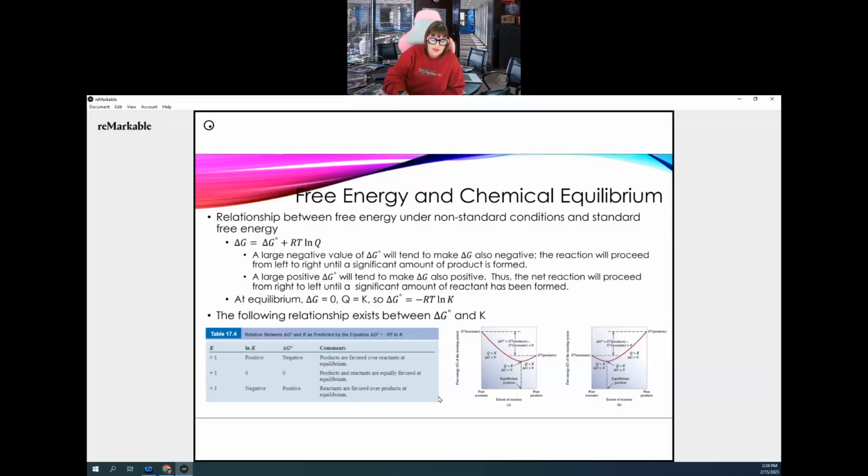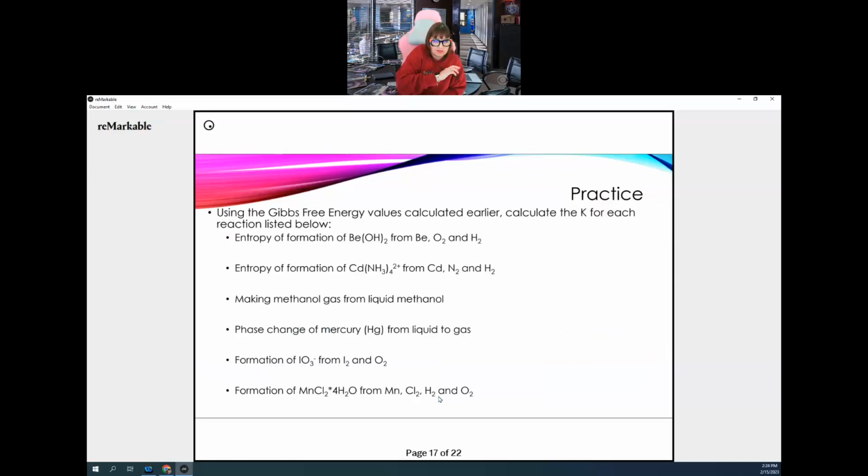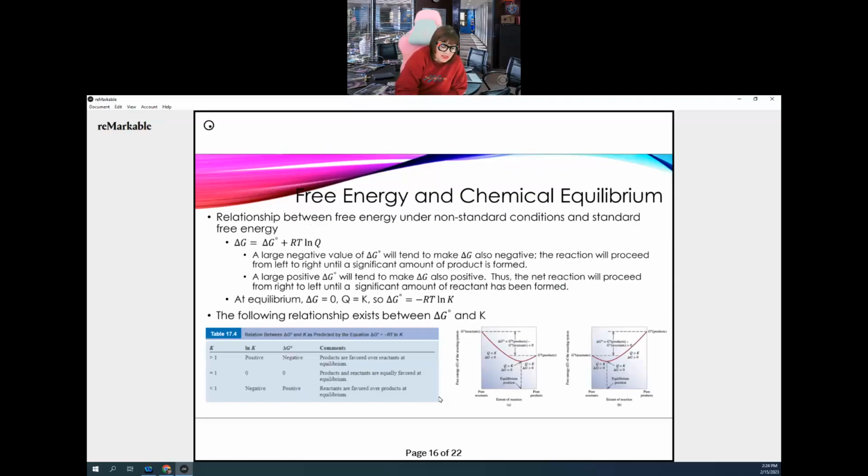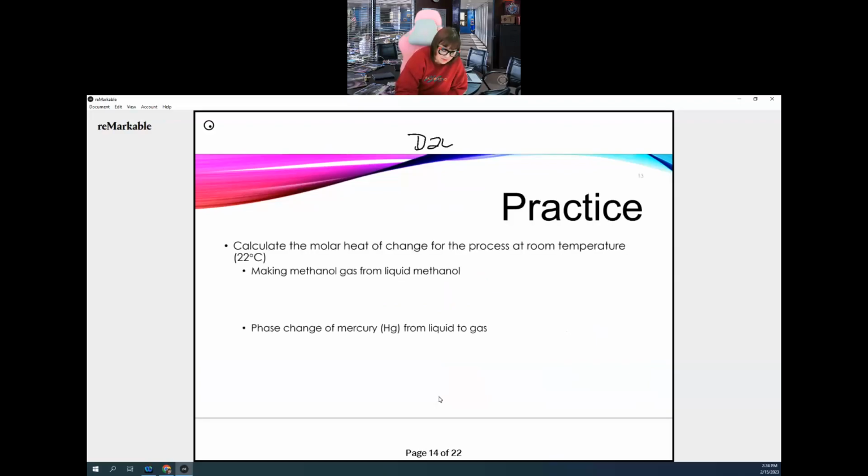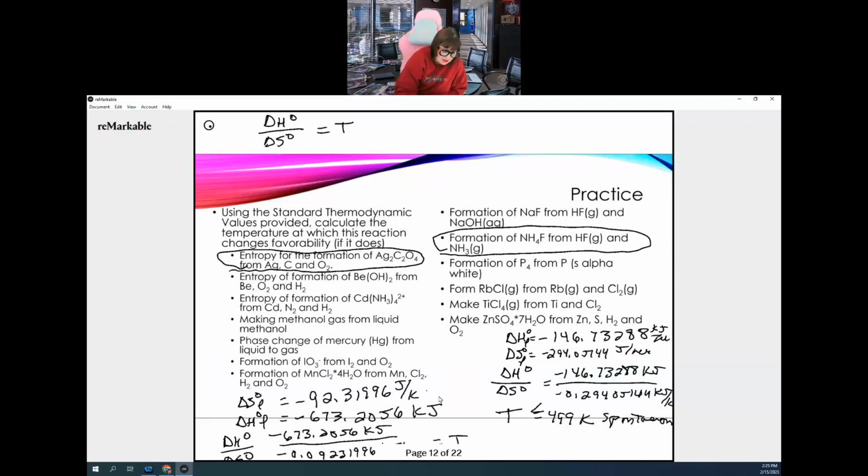Okay, now, what else are we going to talk about? I've asked that you calculate K for each of these using the delta G values that we'd already calculated. We didn't actually calculate all of these values, so I'm going to put this on D2L so that we can see the practice that goes on with that. But again, I'm going to choose one of the delta G's we did calculate so that we can see what that looks like.